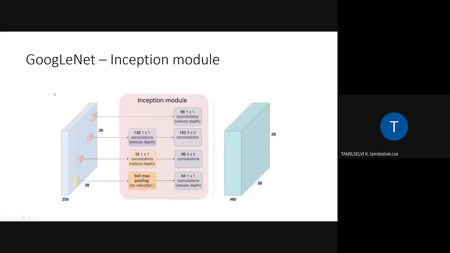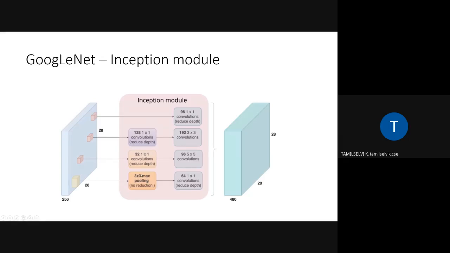So if you see here, this is 96 cross 1 cross 1, I have done 1 cross 1 convolution here. So I have 96 filters. You have reduced the depth of it. Here, if you have 128 filters and you perform 1 cross 1 convolution, you will reduce the depth.